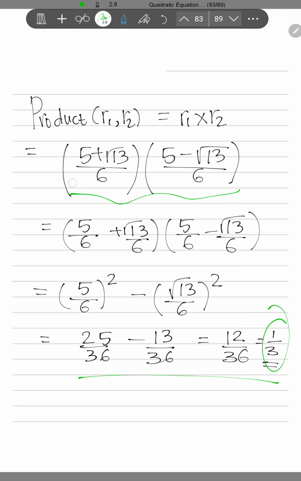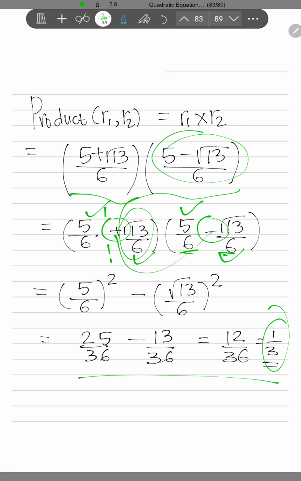Here we split it into 2, 5 over 6 and root 13 over 6. Here also we split it into 2, 5 over 6 minus root 13 over 6. Here we can see these two terms are the same and these two terms are the same. The only thing is a difference of the sign. So we can apply difference of two squares, which is 5 over 6 square minus root 13 over 6 square.